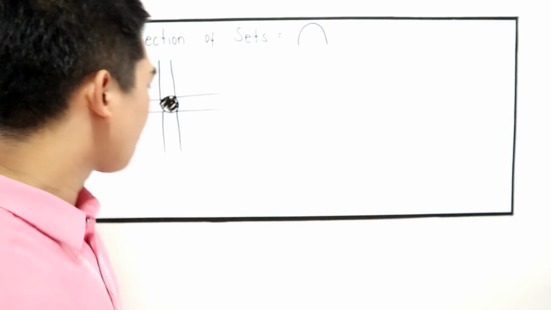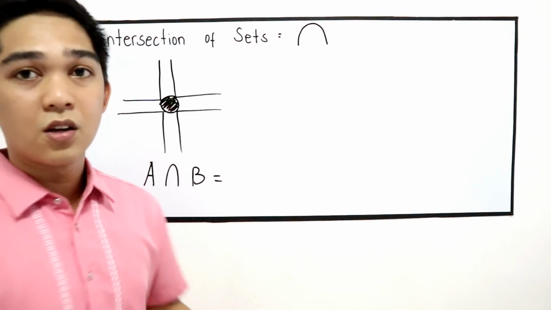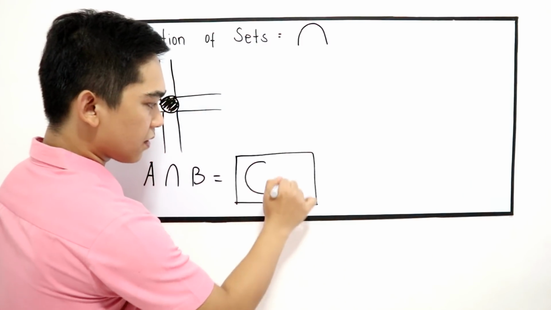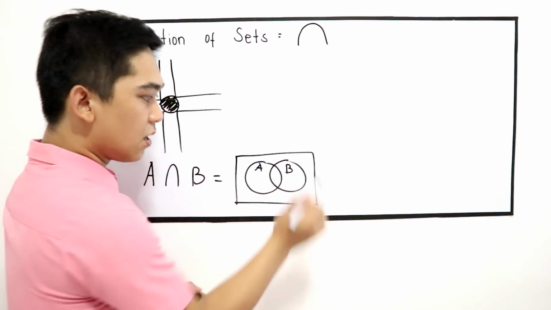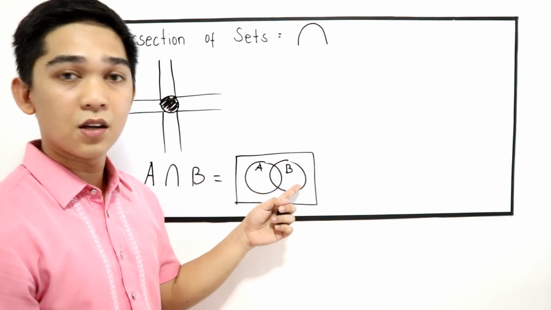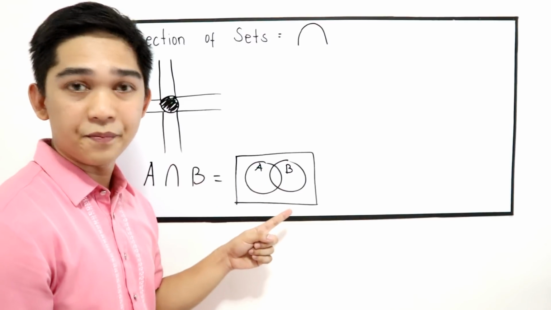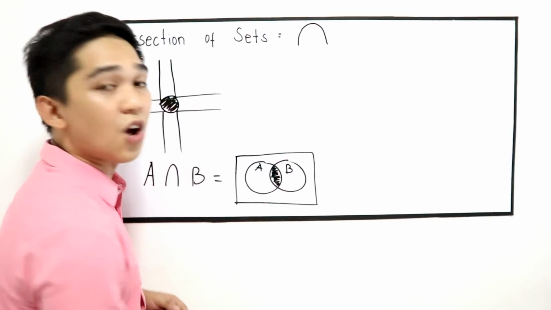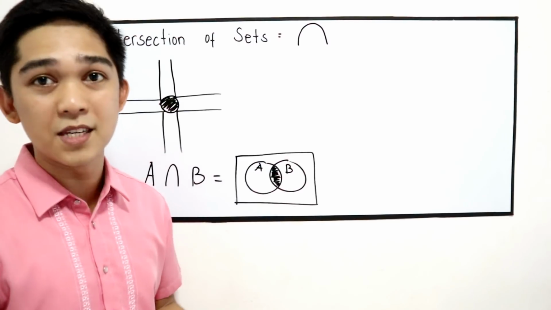Yes, that means A intersection B. If we're going to draw in a Venn diagram, A, B, the common in set A and in set B. Where is the common in this figure or in this diagram? This one. This is the intersection of sets. Common in set A and in set B.